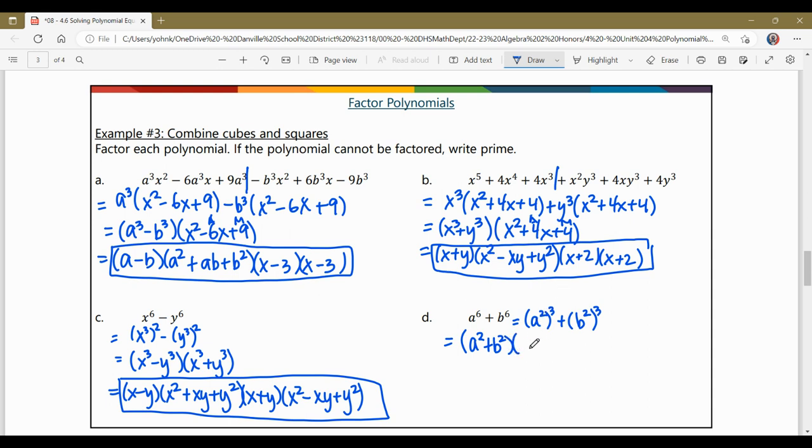So a squared squared would be a to the fourth, minus multiply the x and the y together, or the a squared b squared. So minus a squared b squared. And then we have plus the last one squared, or b to the fourth. There you go. Can't do anything else.